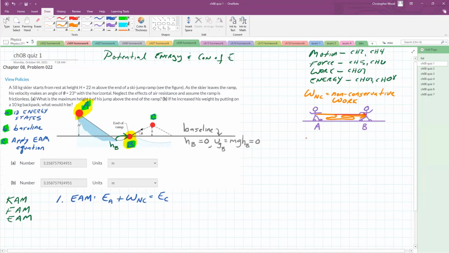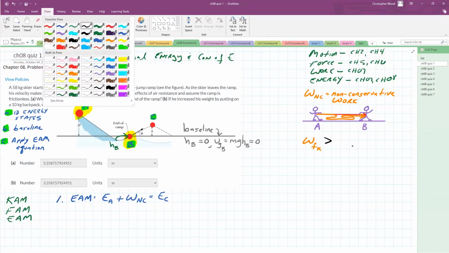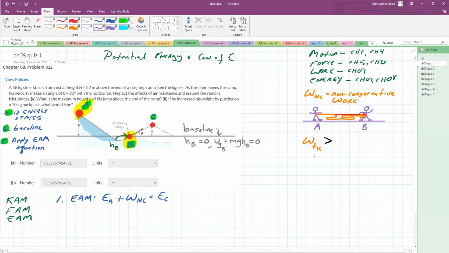The work done by the kinetic friction force for the orange path is going to be greater than the work done by the friction force for the purple path. And that's because kinetic friction is a non-conservative force.